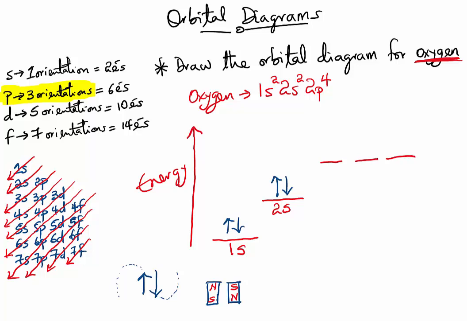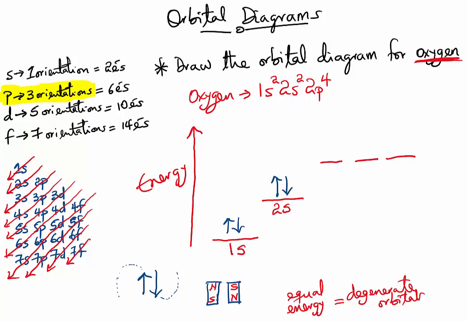These 3 orbitals will be equal in energy because they are degenerate. That is the term. They are degenerate orbitals. Degenerate orbitals will have equal energy because although they have different orientations, they are orbitals of 2p.